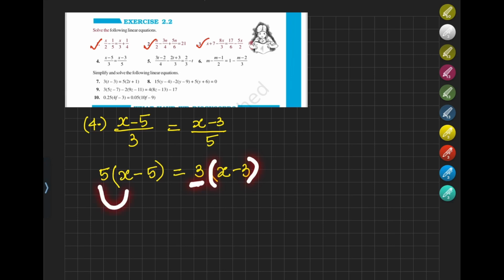So once you open the bracket, it is 5 into x, 5x, minus 5 fives are 25, and then 3x and minus 9. So 5x minus 25 is equal to 3x minus 9.